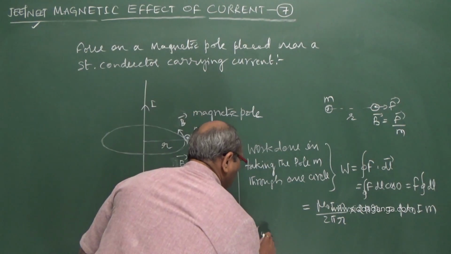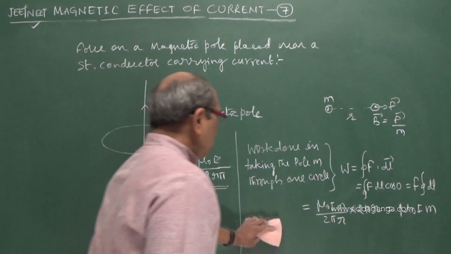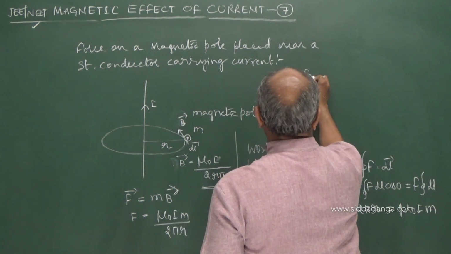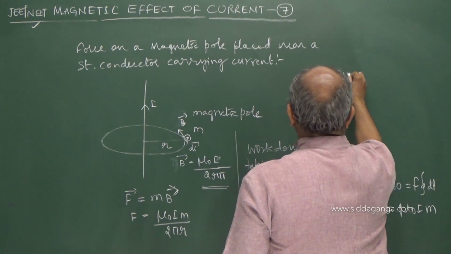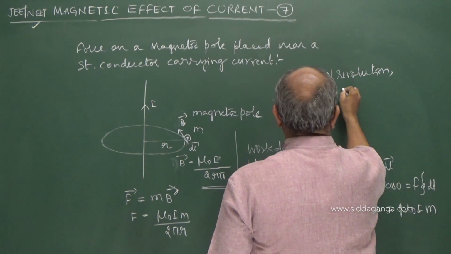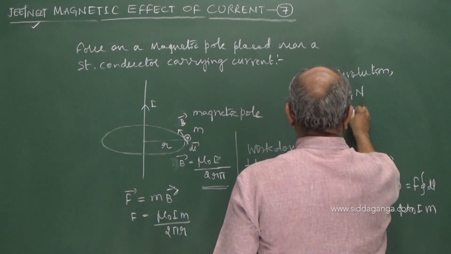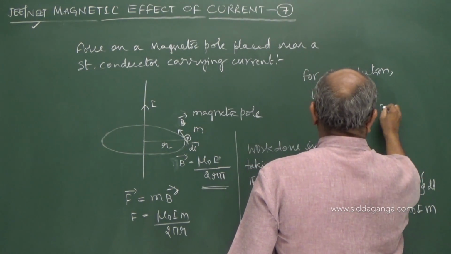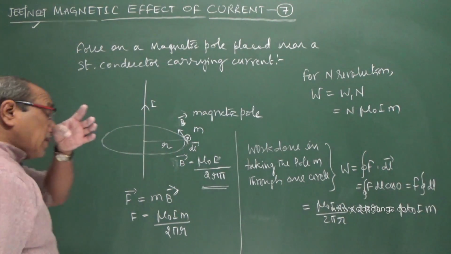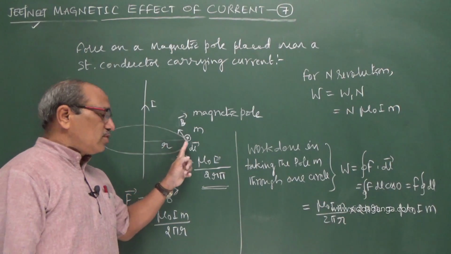Work done in taking n rounds. If I want to take n revolutions, for n revolutions work done is equal to work done for 1 into n, that is n into mu naught I M. So once you place a magnetic pole, it experiences a force.